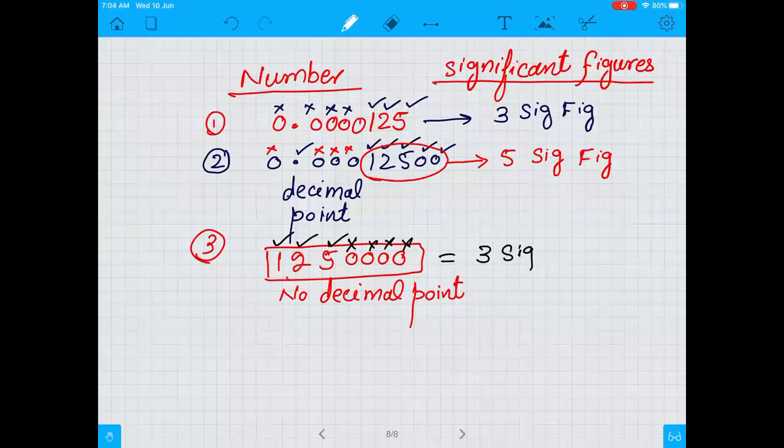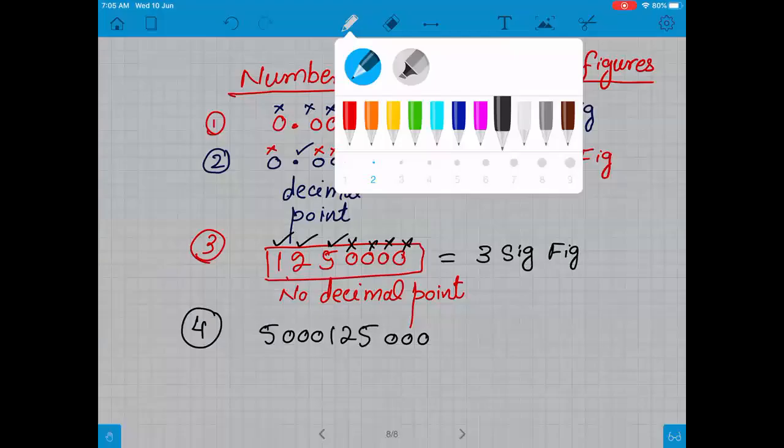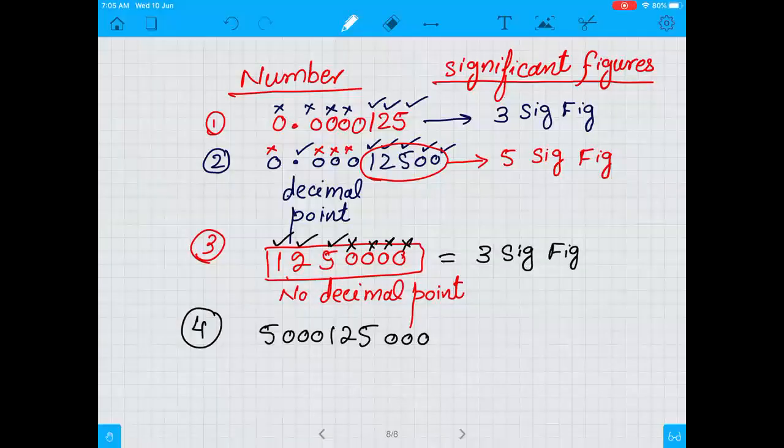Example number 4, if you have the number 5000125000. Now you see you have some zeros between. First of all, the number has no decimal point. Now what are the rules?